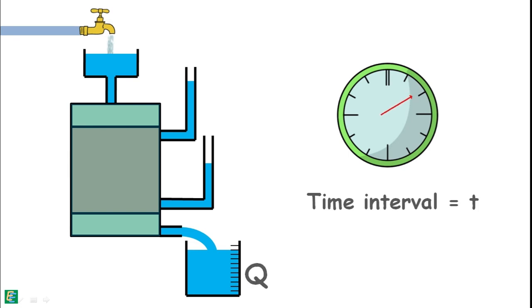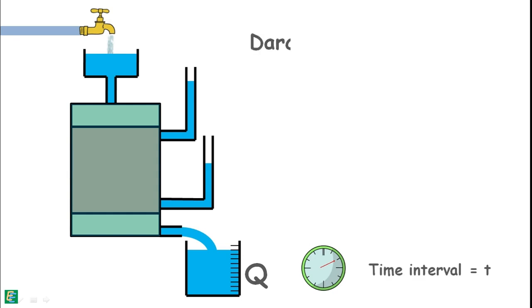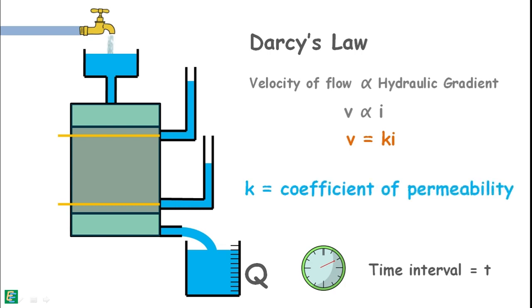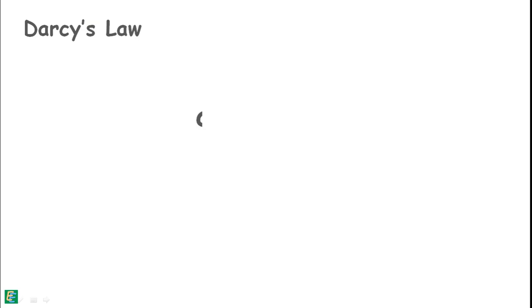Now for this system, we may apply Darcy's law, which states that the velocity of flow of liquid between two points in the soil is directly proportional to the hydraulic gradient applied to it. And K is added as the proportionality constant, which is called the coefficient of permeability of soil. We also write the law for discharge as this.